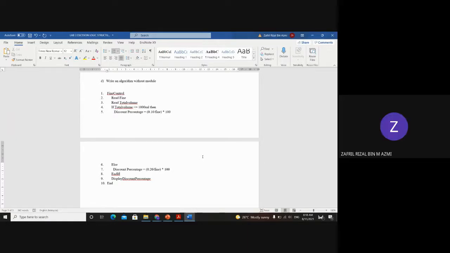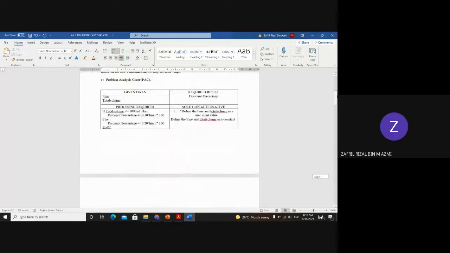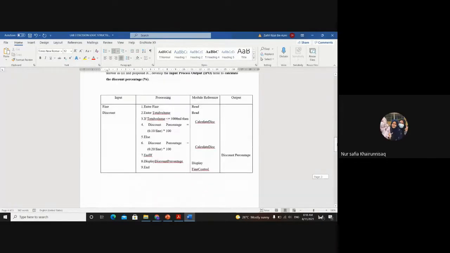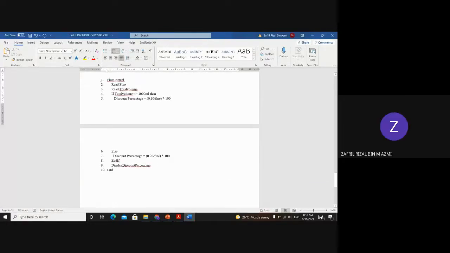Yes, it is compulsory to put down the numbers because later on you might need this to construct the desk checking table. If there is no desk checking, you're not required to. But it is compulsory to put down the line numbers for the algorithm. Any other question?